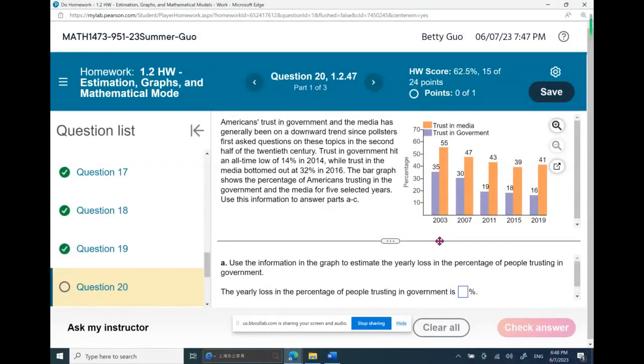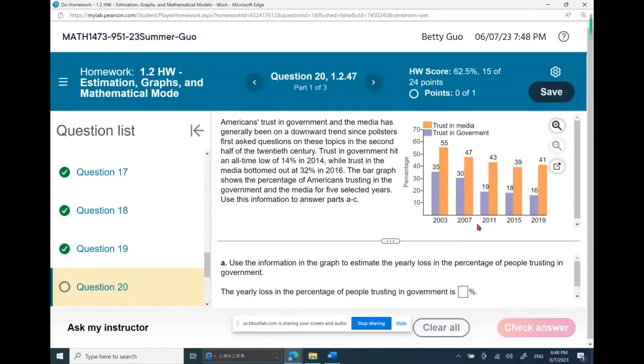It means in 2003, 35% of the population trusted government, 55% trusted media, and then over time, fewer people trust the media. A little bit goes up from 15 to 19, and over time, also fewer people trust the government, but no bounce up. Basically, less and less people trust anything, right?